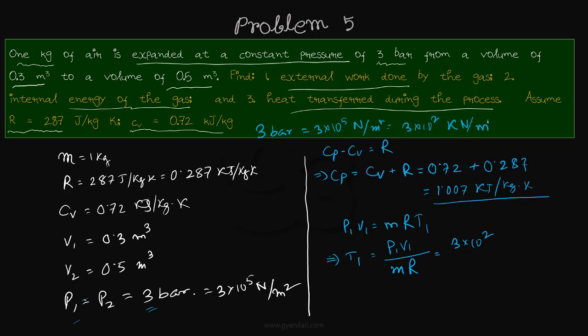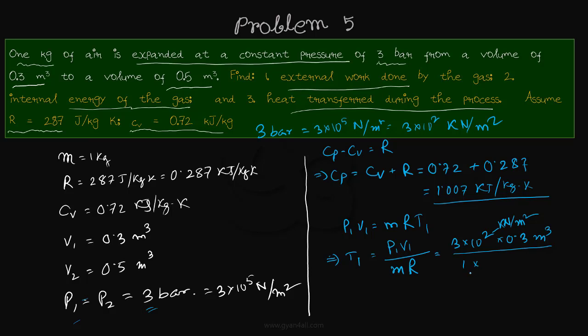We put the value in kilonewton, and that multiplied by volume 0.3 meter cube, divided by m, which is mass of air in kg.